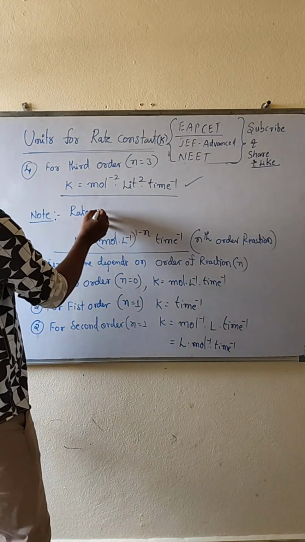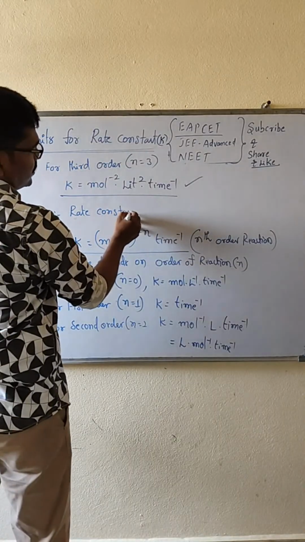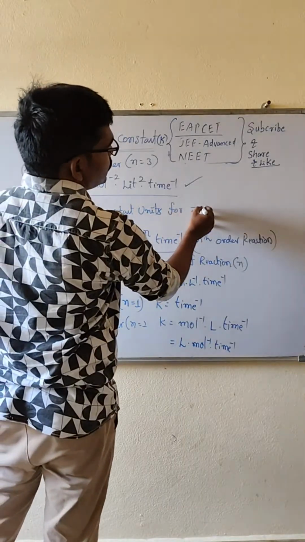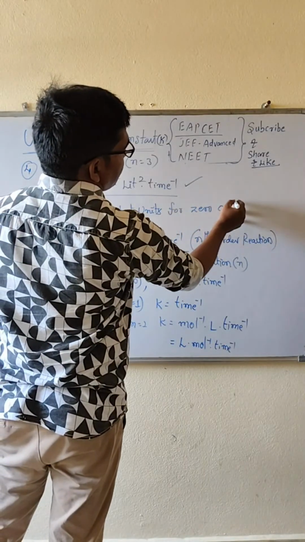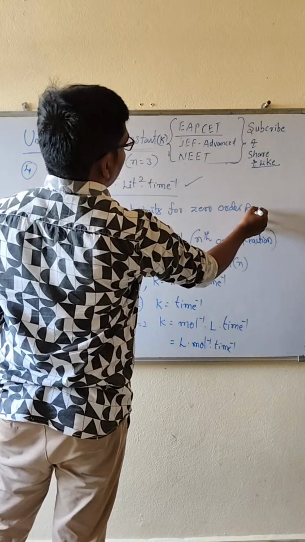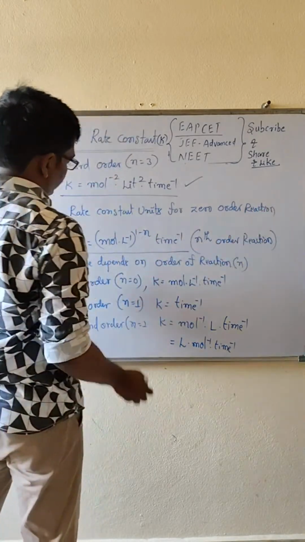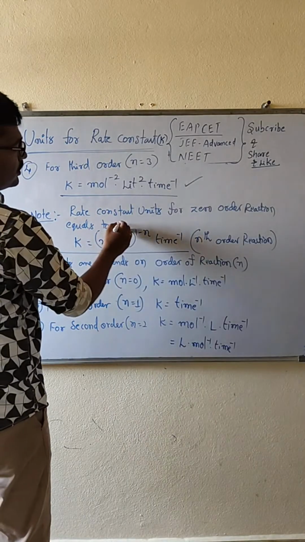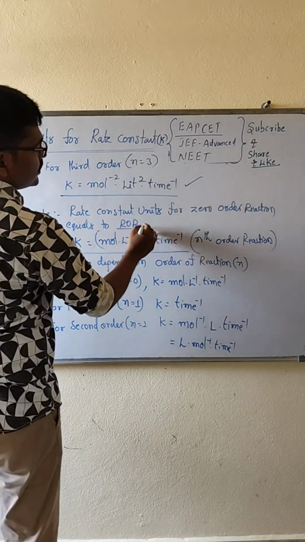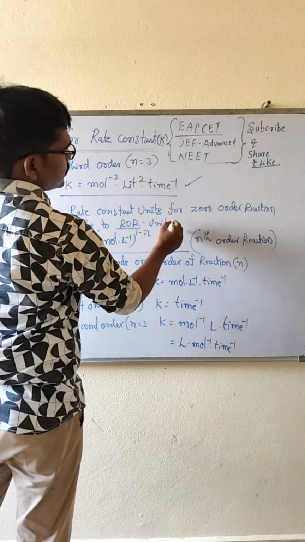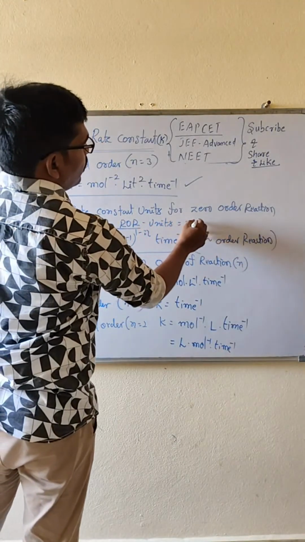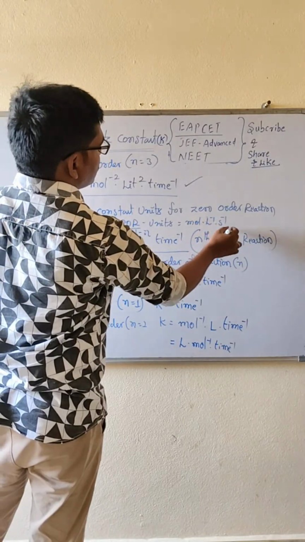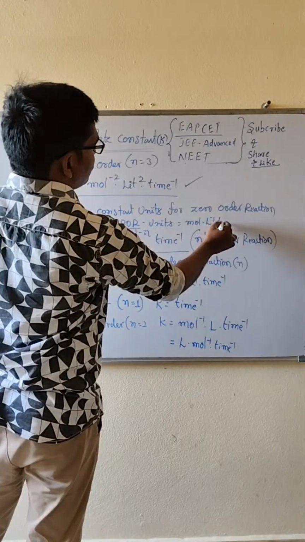Rate constant units for zero order reactions equal the rate of reaction units, such as mole liter inverse second inverse, or mole liter inverse time inverse.